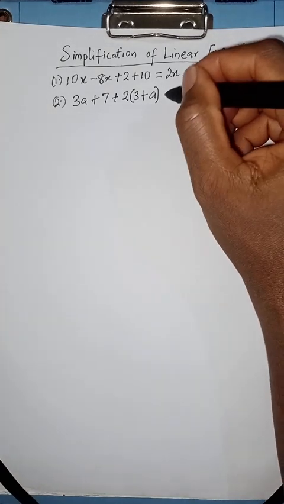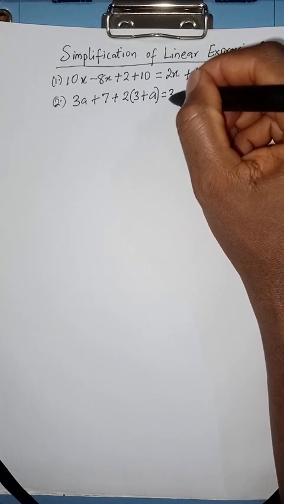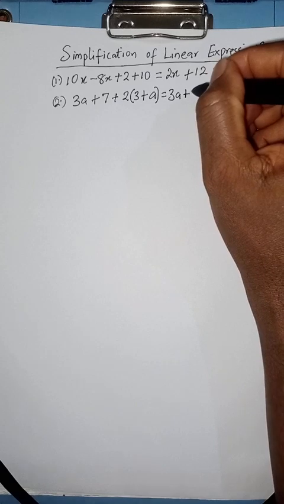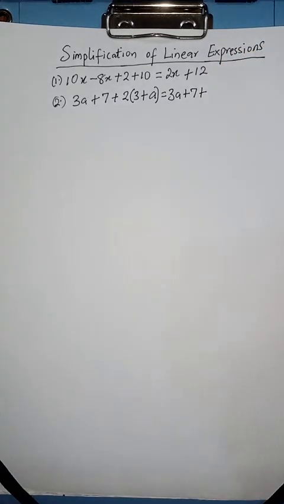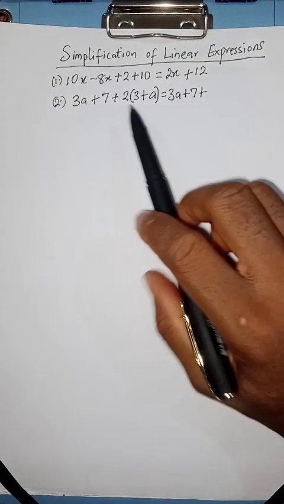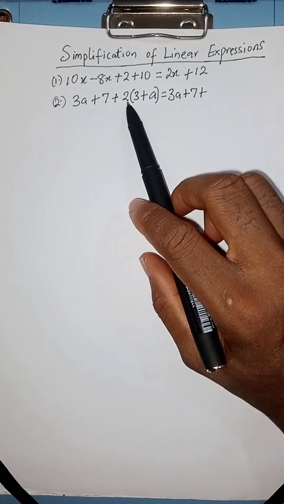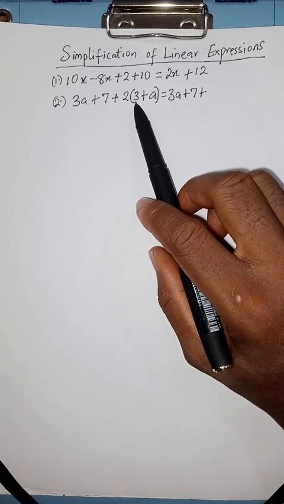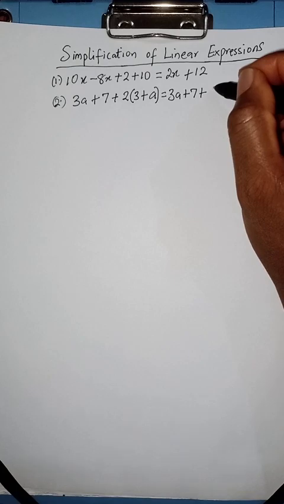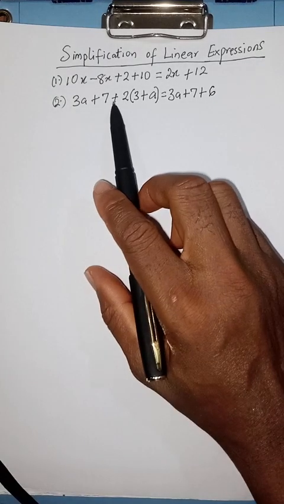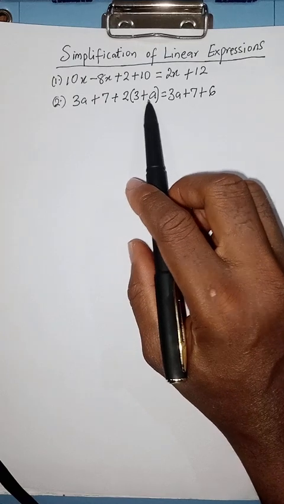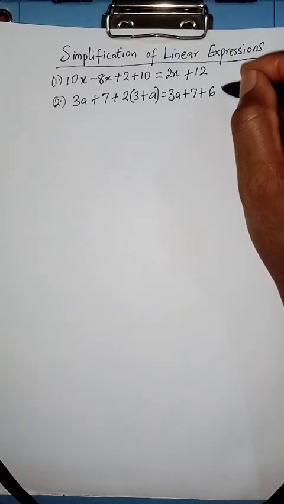So in this case, I'll keep my 3a plus 7 plus. Now at this point, I will simplify 2 open bracket 3 plus a close bracket. Now here I have plus 2. So plus 2 times 3 will give me plus 6. Plus 2 times plus a will give me plus 2a.